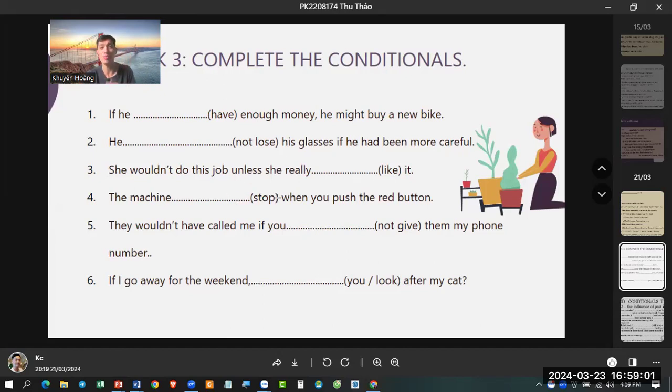I am asking why just now you said this is the conditional sentence type one, right? But you made it like the third type, he had enough money.